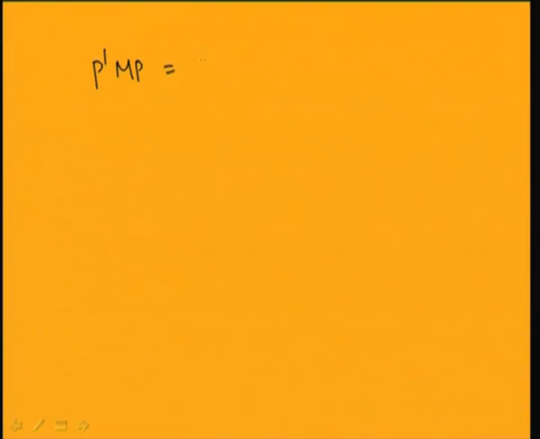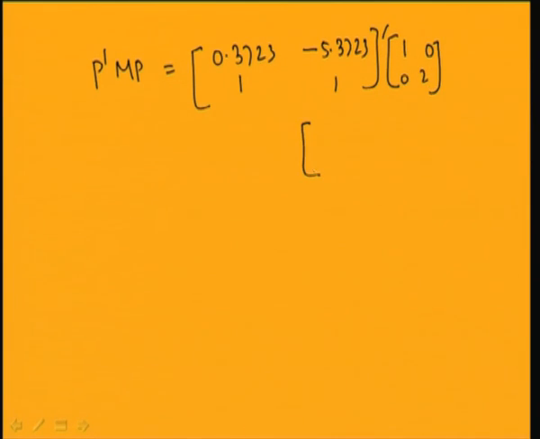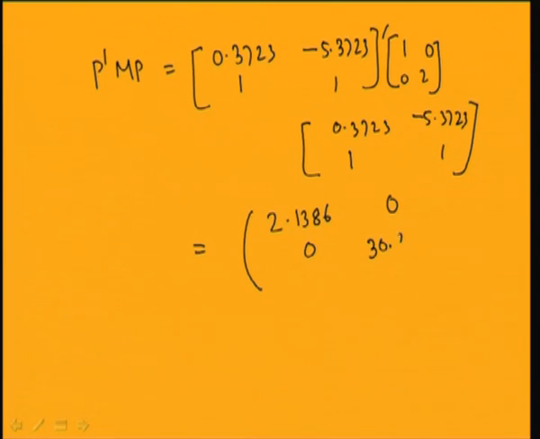Now let us find P dash m P. So P dash m P will become equal to this matrix 0.37231 and minus 5.37231, transposed, and m equal to 1 0 0 2, multiplied by this 0.37231, minus 5.37231. If you multiply this, you can find P dash m P equal to 2.1386, 0, 0, 30.8616.